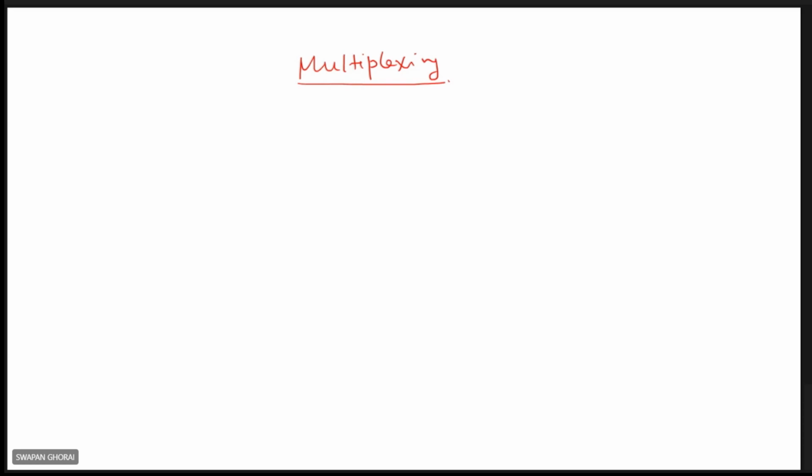In a multiplexer, many inputs will be there and a single output. This same concept is used in communication also. If you see the telephone lines, there are thousands of subscribers and all these speech signals are not transmitted one by one.